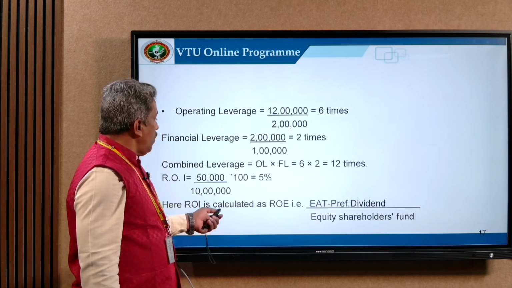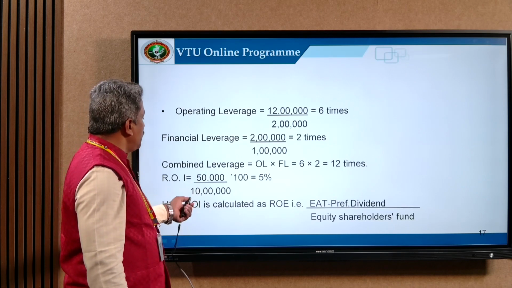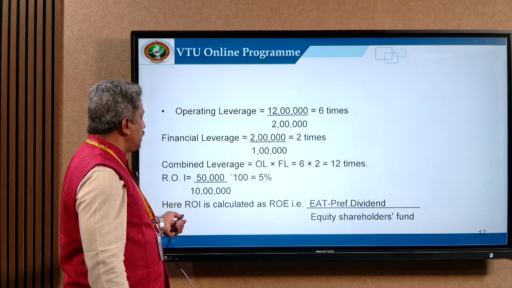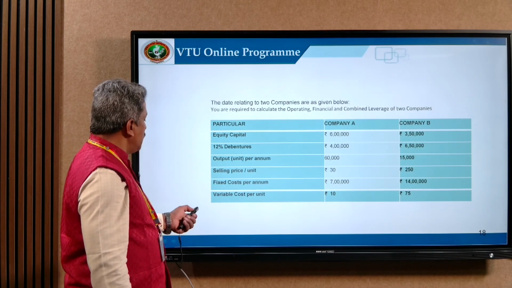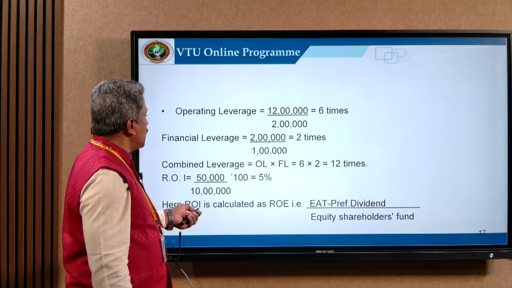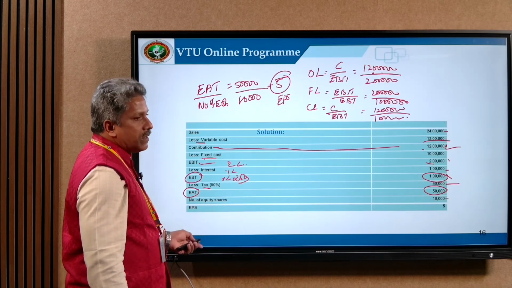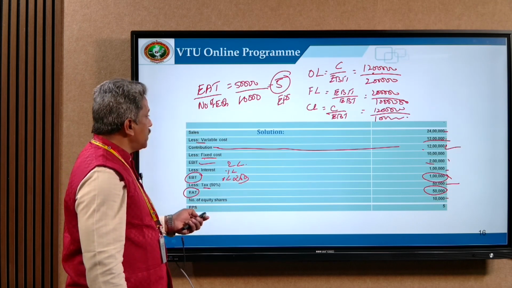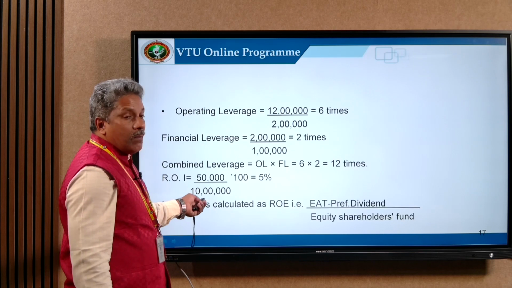Then return on investment is 50,000 divided by 10 lakhs into 100, that is 5%. What is that 50,000? 50,000 is earnings after tax. So, earnings after tax divided by amount of equity shares.